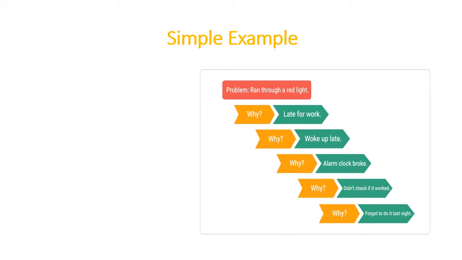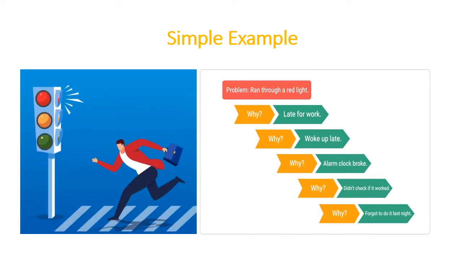So first we have a simple example where, suppose one day, it happens to everybody, you ran through the red light. And why is that? So this is our problem. Somebody has run through the red light. Now why did he run through the red light?